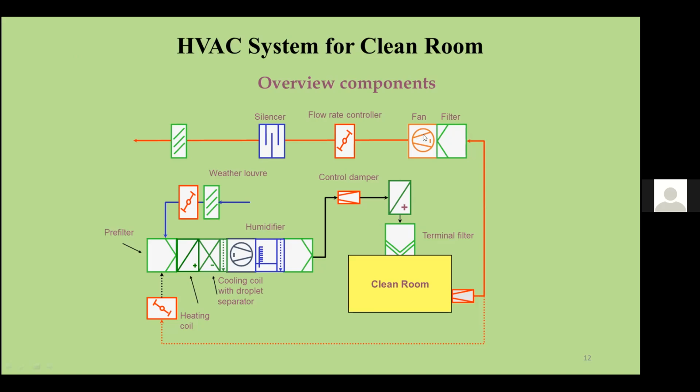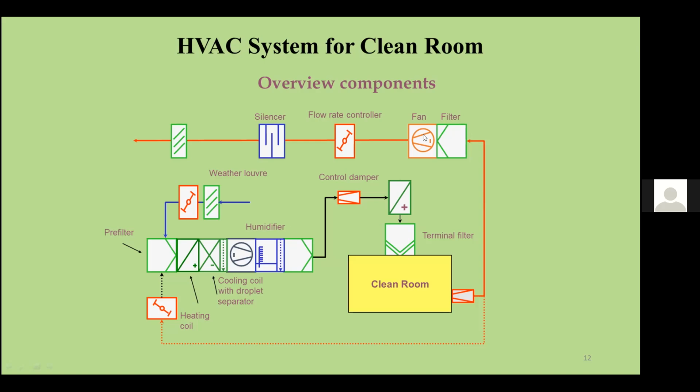And this silencer is one kind of like... some air, due to air pressure, some volume is occurring. So the silencer reduces that volume and dilutes the intensity of that hazardous gas.